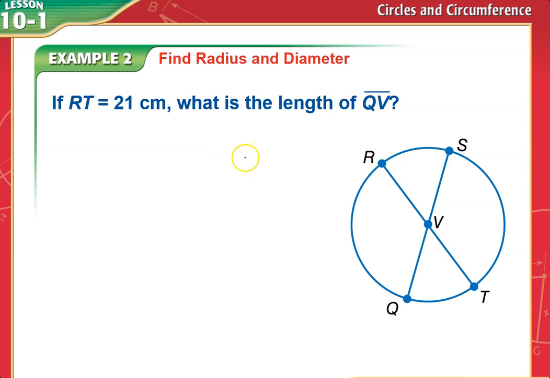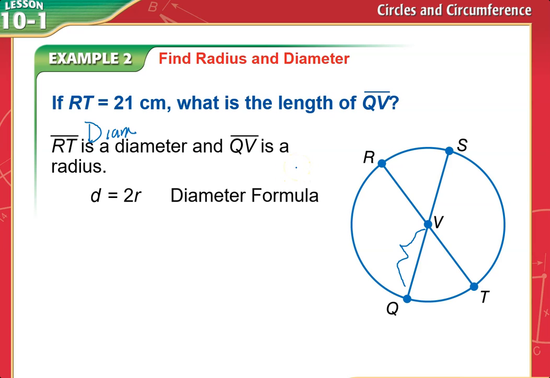In our problem here we have segment RT, which is a diameter, and it wants to know the length of QV. Since QV is a radius, and the radius is exactly half a diameter, the radius has to be exactly half, or 10.5.